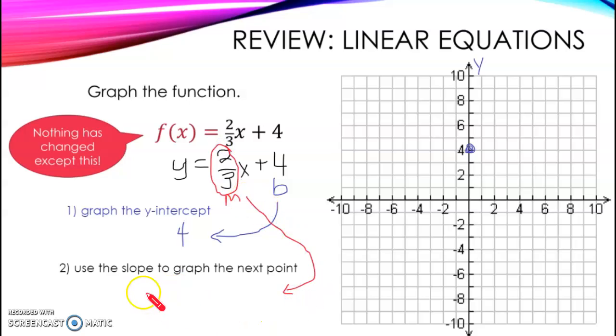From that y-intercept, we are going to do 2 as the rise and 3 as the run, which means we're going to go up by 2 and right by 3 from that y-intercept. So we're going to count up 2 and then over 3, and that will be the second point of our graph. And it'll draw a nice straight line for you when you're doing this on your unit tests.